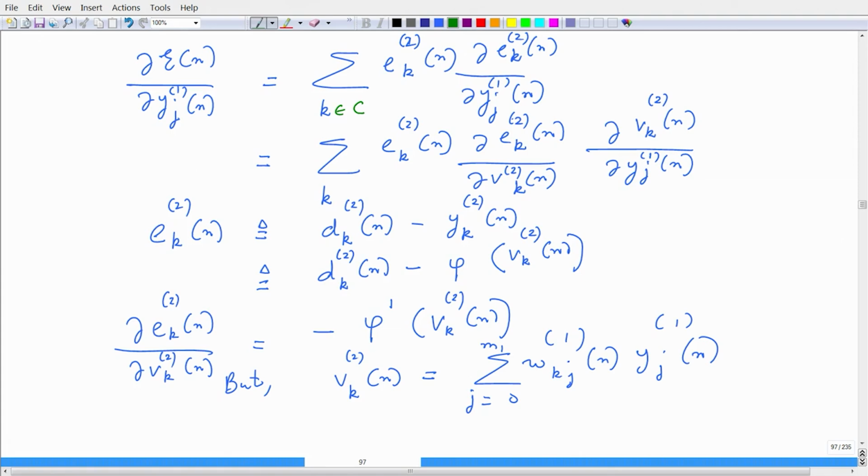And you go further, now it is ∂e_k/∂y_j. So you split this into two terms, ∂e_k/∂v_k times ∂v_k/∂y_j. So this is again chain rule.